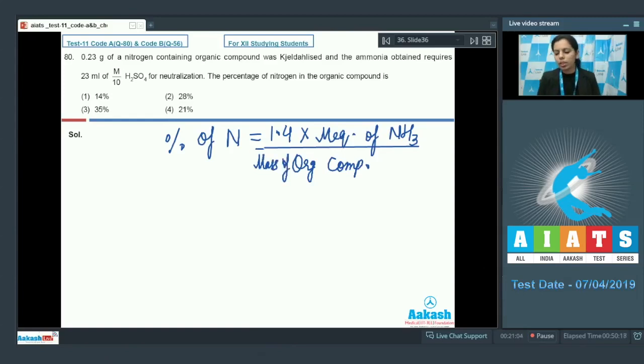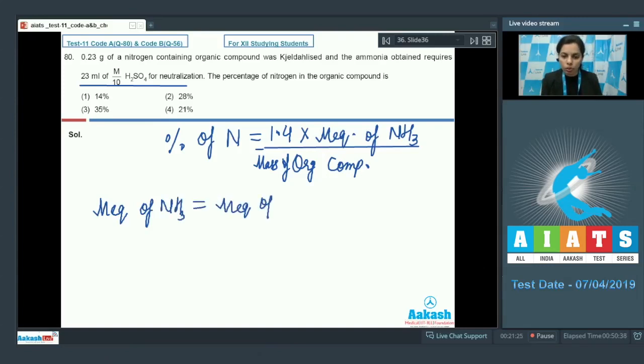Now in this case we need the milli equivalents of ammonia. From where we will obtain them? From the milli equivalents of H2SO4 that is used for the neutralization process. Actually we know that for the process of neutralization the milli equivalents of ammonia should be equal to milli equivalents of H2SO4 that you are taking here, and milli equivalents would be equal to normality into volume.